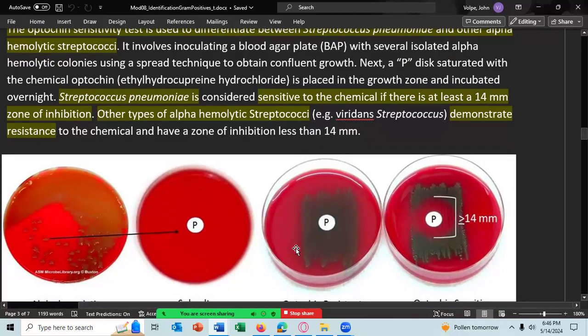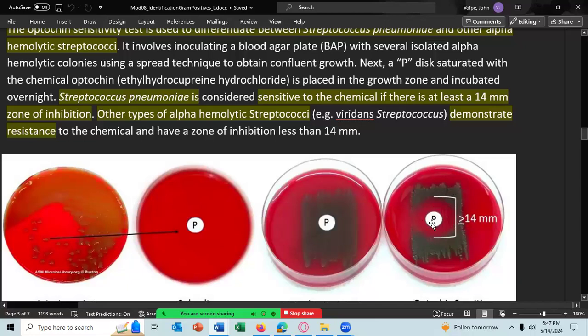If, on the other hand, the bacteria is sensitive to the antibiotic optochin, then there will be a zone of inhibition around the disc, and that zone of inhibition has to be greater than or equal to 14 millimeters in order to be sensitive to optochin. And if it's an alpha hemolytic streptococcus, then we know this is Streptococcus pneumoniae.